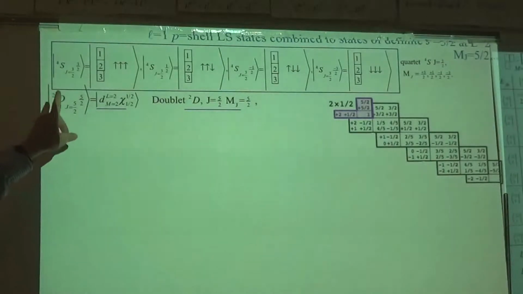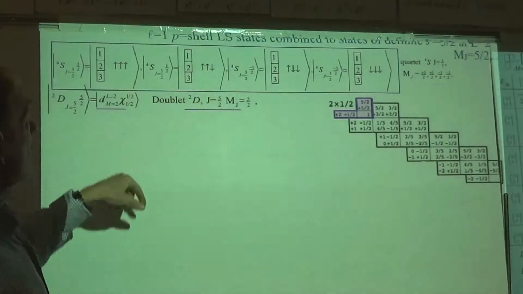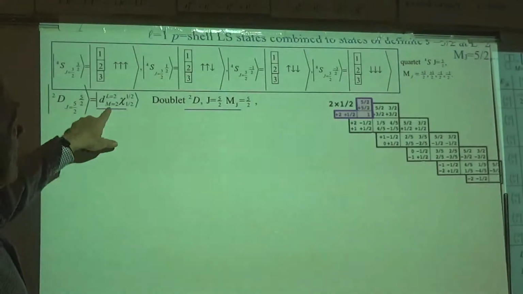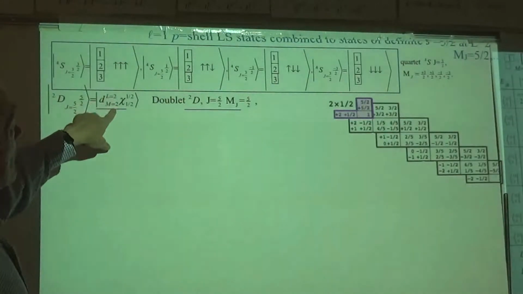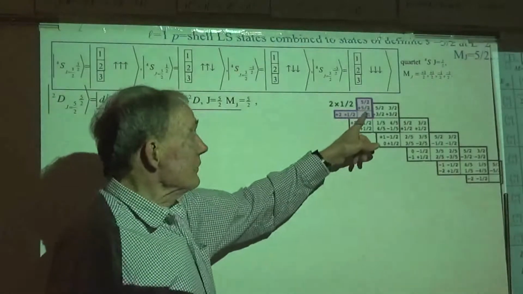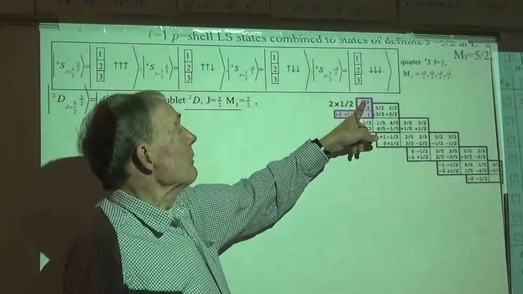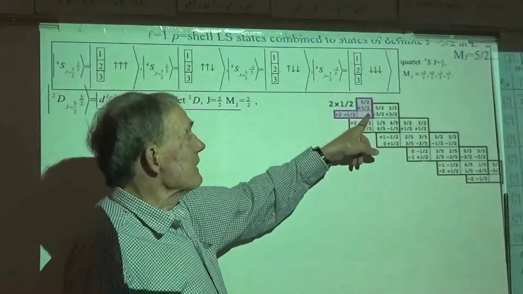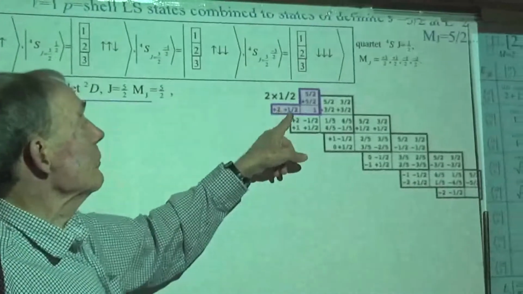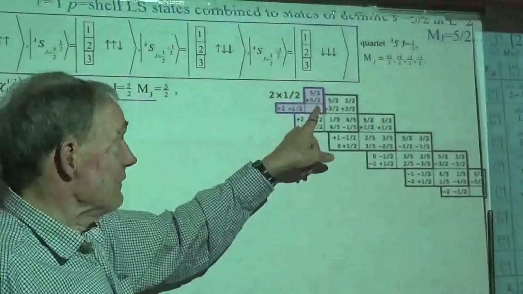So this is a doublet, and here is the thing that's got a plus a half spin up, going with the highest angular momentum z component that you could have here. But in the process of doing that, there's just one state with a total angular momentum of 5 halves, and it's got a z component that's the sum of 2 and 1/2. That's 5 halves.